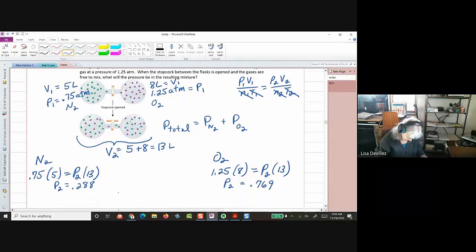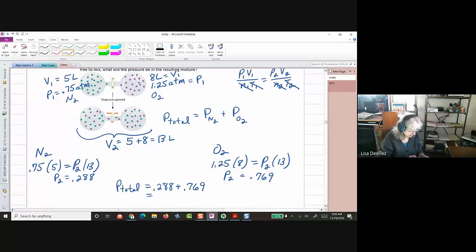So my P total in the flask, once I open the valve, is going to be 0.288 plus 0.769, which I get as 1.06 atmospheres.